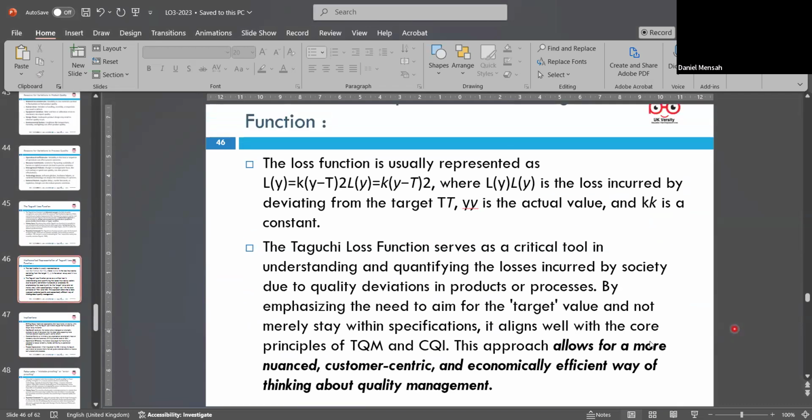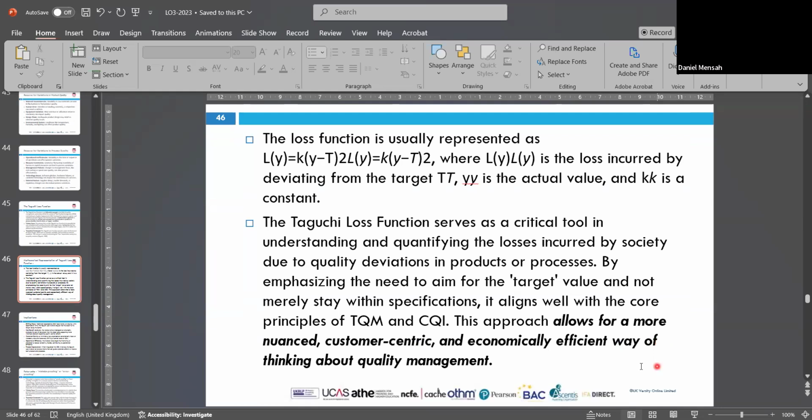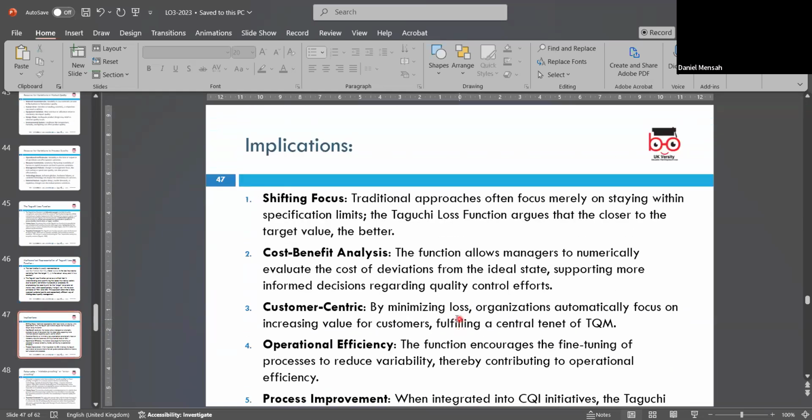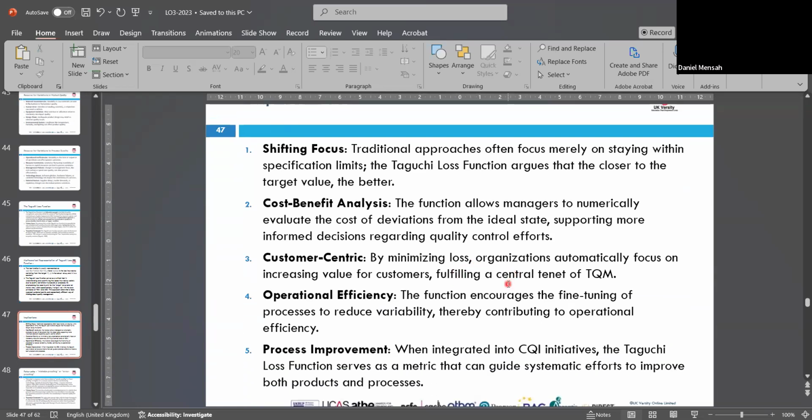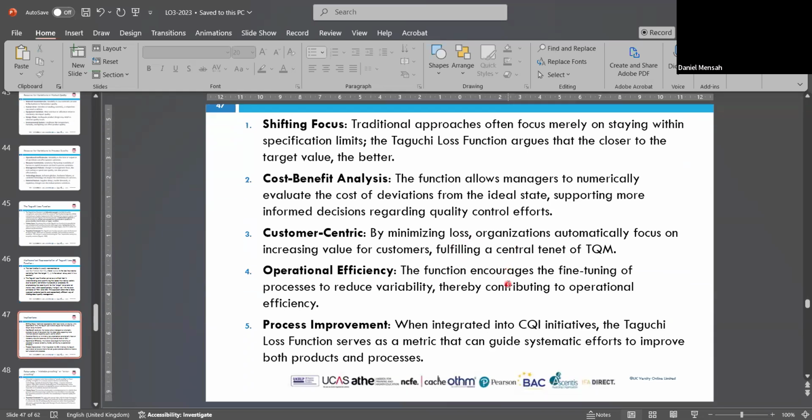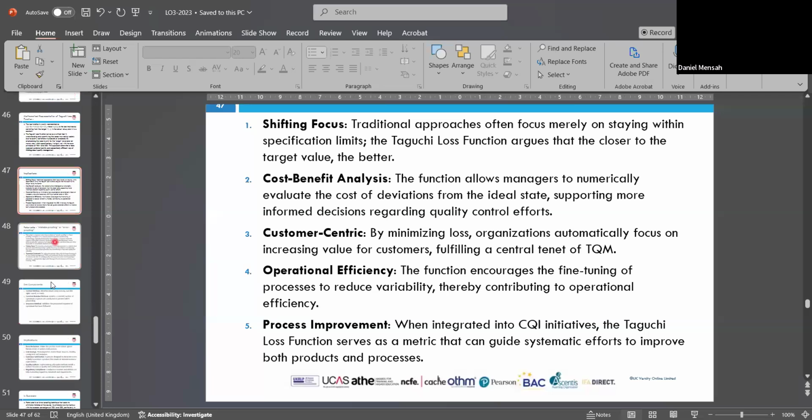This is a very customer-centric approach, and it is helping us not only to calculate the physical loss and monetary loss, but also the societal loss. So, an economically efficient way of thinking about quality management. So you can see what kind of benefit they can bring if we utilize this in the field of process improvement.